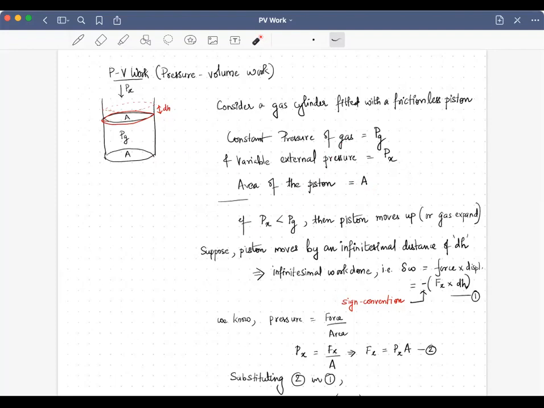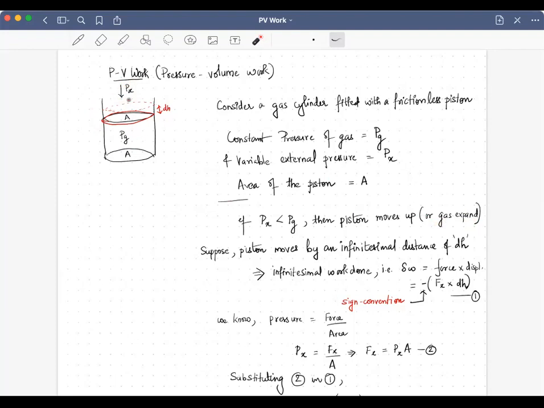Now suppose your Px, that is your external pressure, is less than Pg. The phenomenon that you expect is that this piston is going to move up, because Px is less than Pg. So obviously, the piston is going to move up. In other words, the gas is expanding.